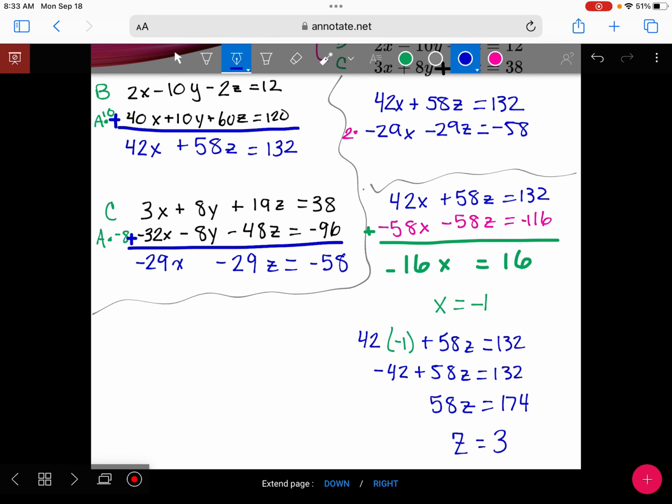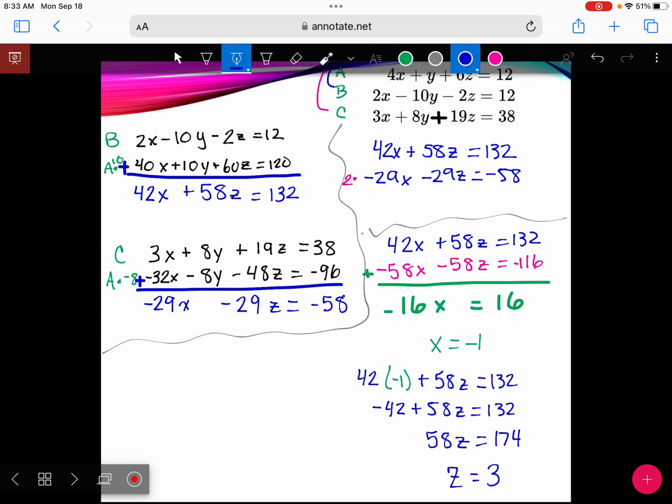Let's go find y. And I'm going to go grab my OG equation, one of my originals. I'm going to use A, where we have 4 times our x of minus 1 plus y, which is the one we don't know yet, plus 6 times our z, which is 3, is all going to equal 12.